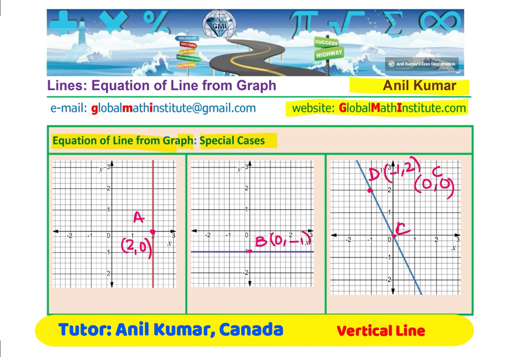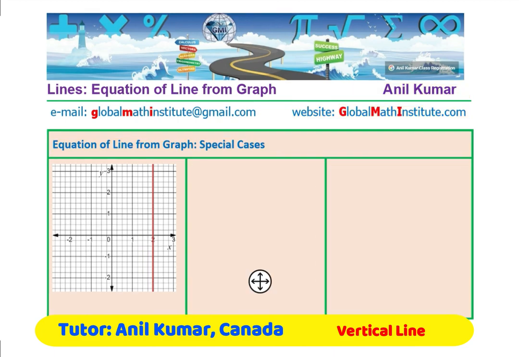Now, using these points, let us find the equation of the line. Let's begin with the very first one, which is a vertical line. You'll notice that on a vertical line, let's call this coordinate point A, and A is (2, 0), x value being 2.